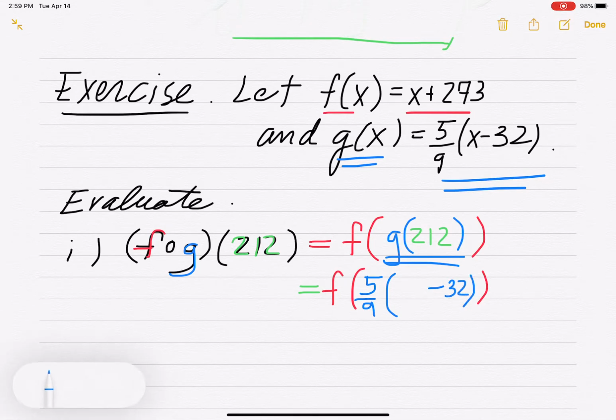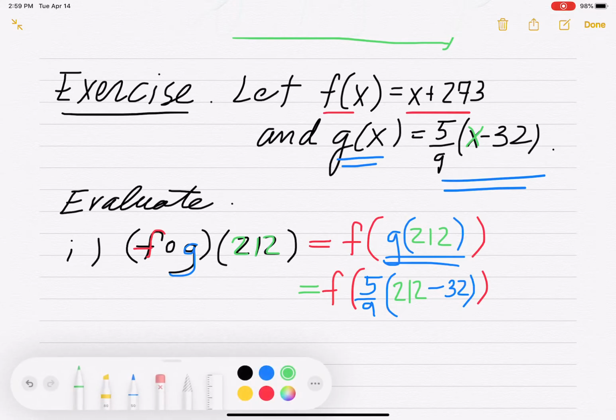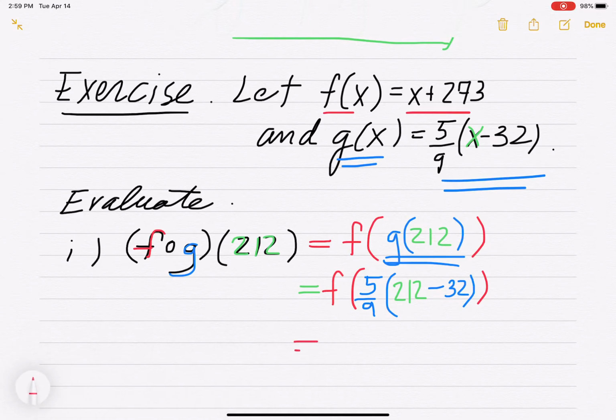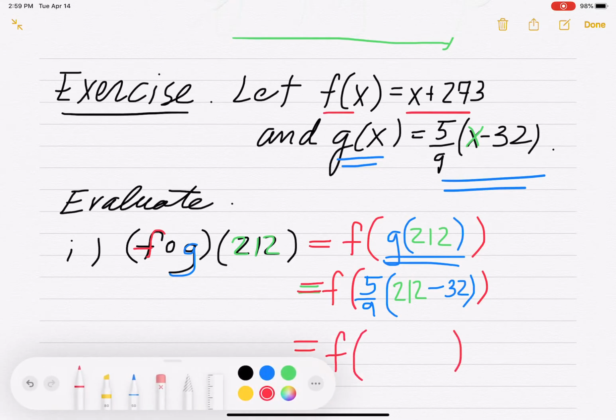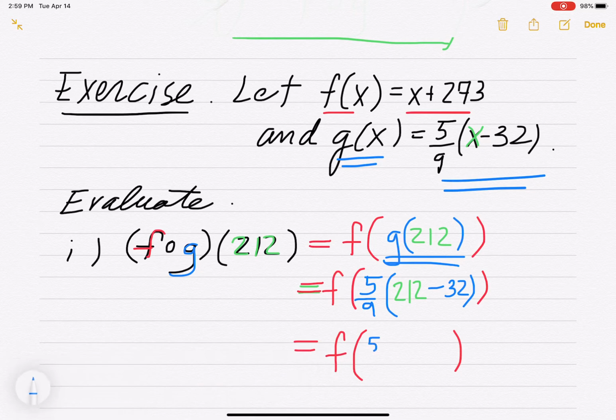So here I go. In place of my green x right here, I'm putting 212. Now I'm going to leave my red f alone. I haven't applied my f yet. I've got to simplify this blue stuff inside. So I'm going to do order of operations. I'm going to do what's inside parentheses first. Take 212 minus 32. What's 212 minus 32? It should be 180.